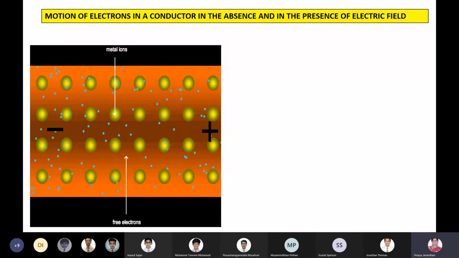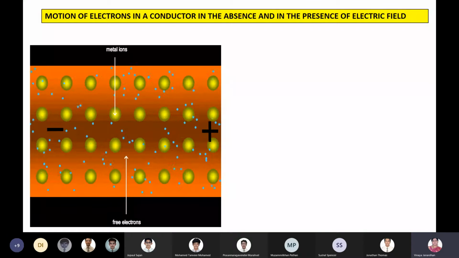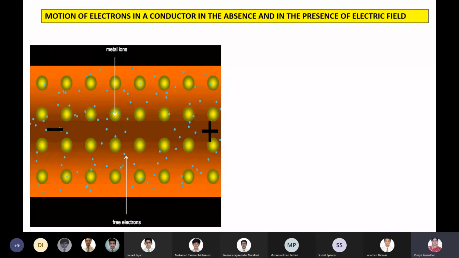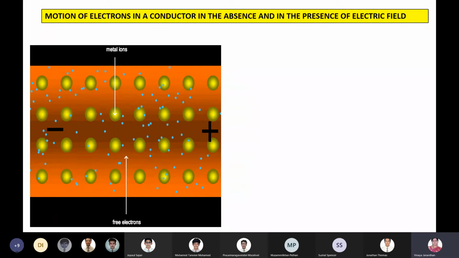Now, here you can see electrons, the valence electrons are moving from one atom to the other atom, but still the current is not flowing. The reason is that the electrons are moving in random direction because velocity is a vector quantity. So the electron keeps moving in different directions so that the net velocity becomes equal to 0.